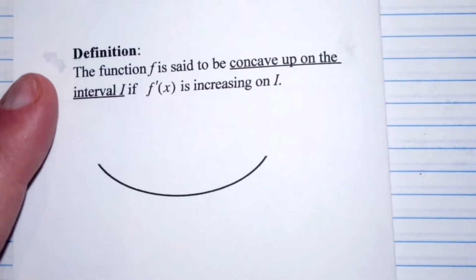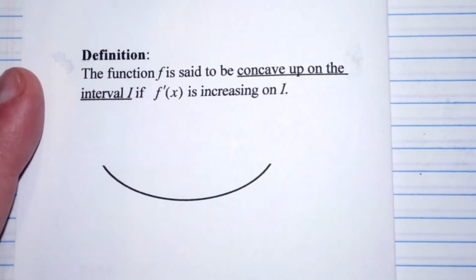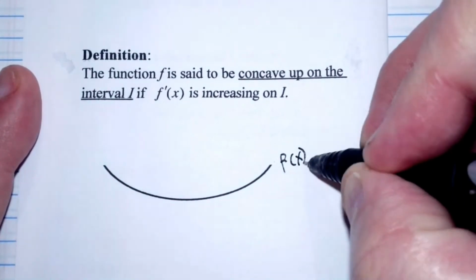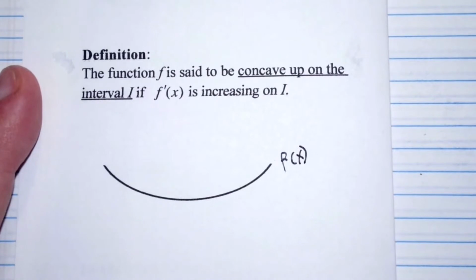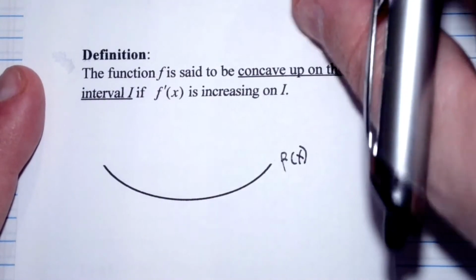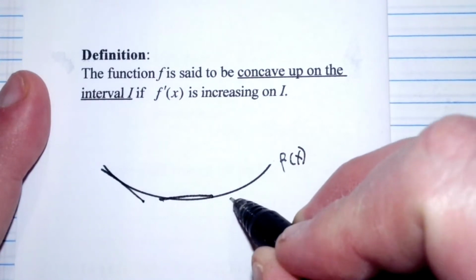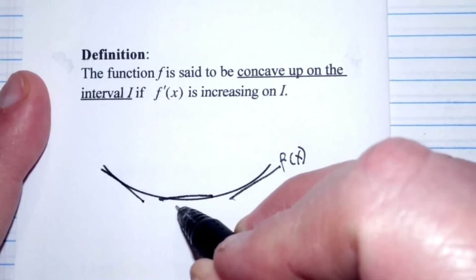Alright, so here's an example of a function that is concave up. So let's call this f of x. Now we need to think about f prime of x. Remember that what f prime of x tells us is the slope, and in particular the slope of the tangent line. So if we were to draw some tangent lines through here, and that was not really quite a tangent line.